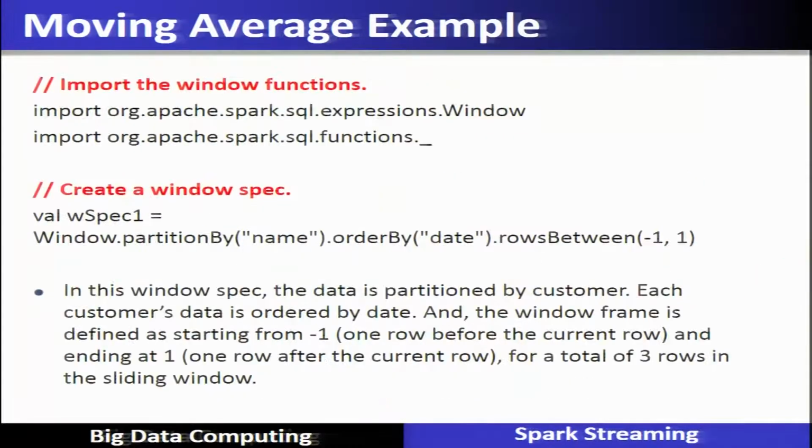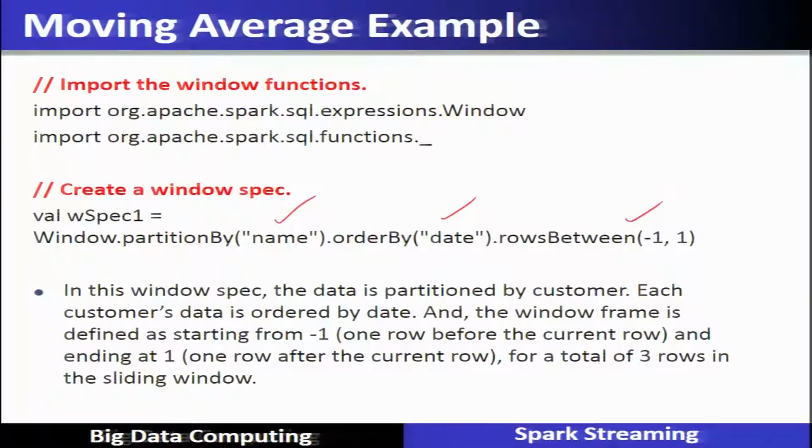So moving average: create the window specifications, and we have to specify the window. The window will partition by the name, and order by the date, and the window will consider the rows between -1 and 1.